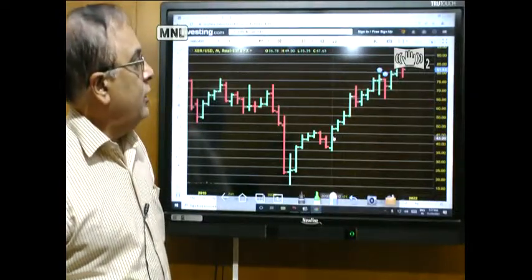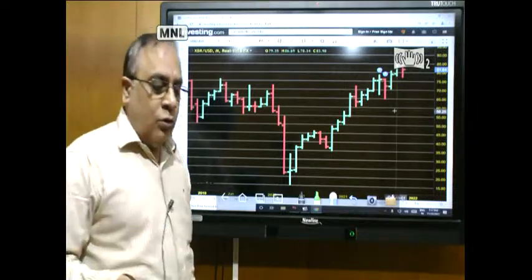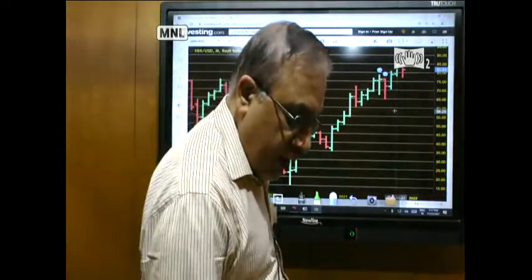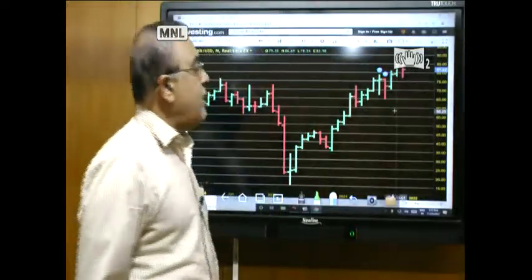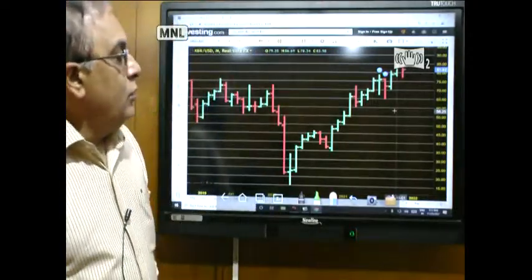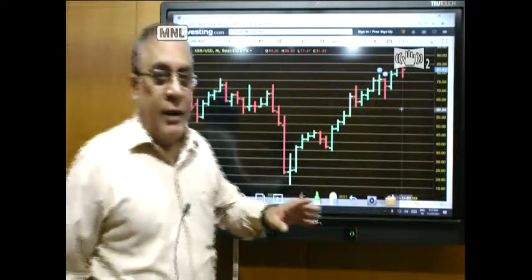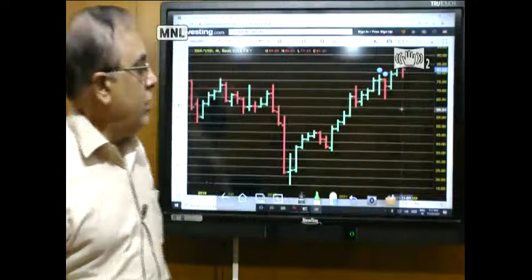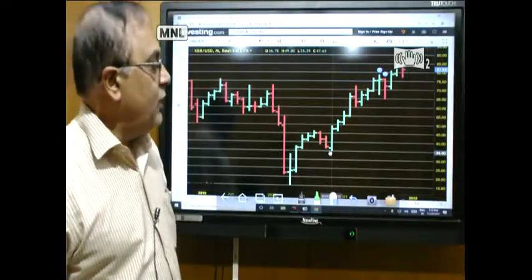And this one, 86 minus 35 is 52. 52 into 0.235 is $12.74 and odd. Probably let us look at that. It has not come down below that. So now at least we don't need to worry about this particular pivot right now. So there is an important support close to 74.50 levels in XBR.